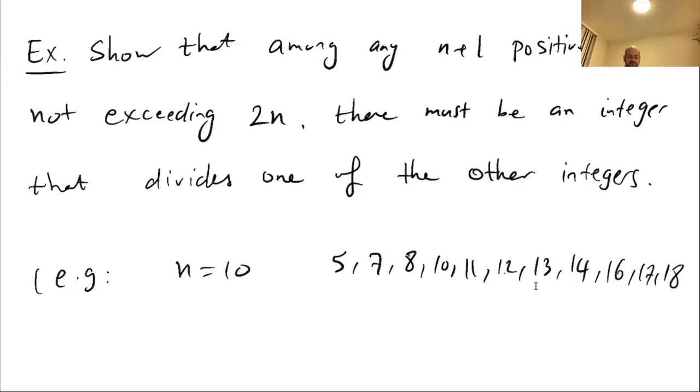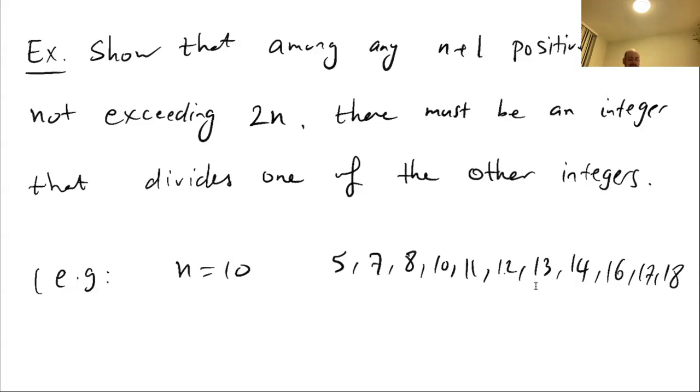So look at the first integer 5, does it divide one other integer? Yes, 5 divides 10. So I already found the example I was looking for. But 7 also divides 14, or 8 divides 16. So there are so many of them here that divide one other. Well, this is just one example of one value of n and one example of 11 integers.